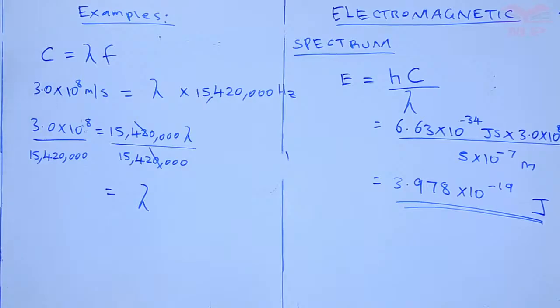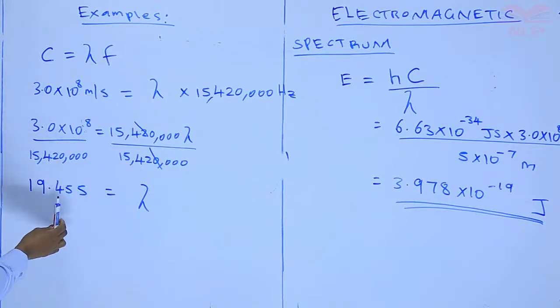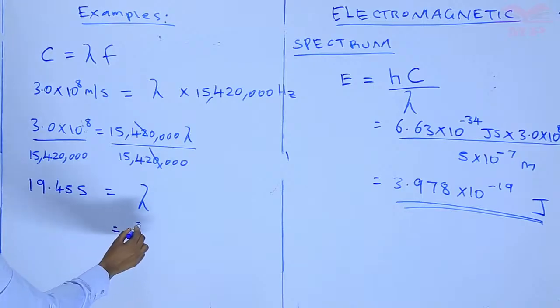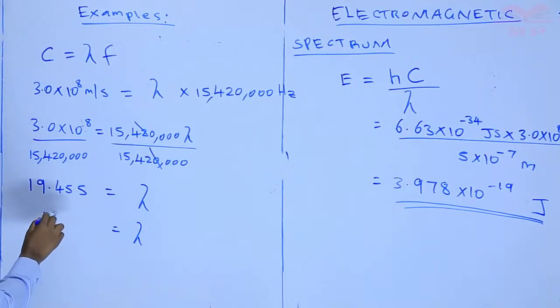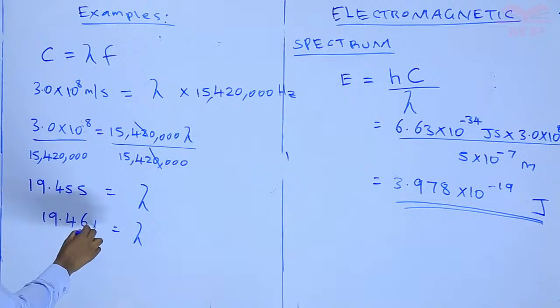And you'll now be able to get the answer. We can give our answer correct to 2 decimal places. So you first get to 3 decimal places. We have 19.455. We can round off now to get to 2 decimal places, and we get that our lambda is 19.46 meters.